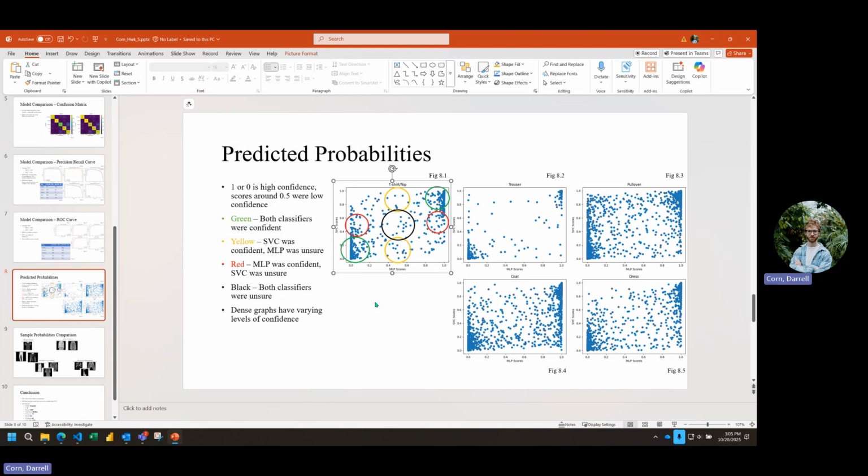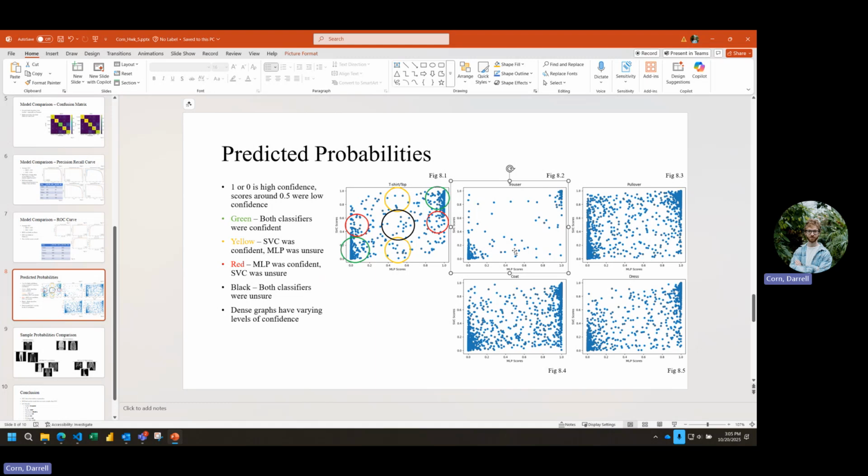And a pattern you kind of see when you create these graphs is that the more dense graphs show where the classifiers have less confidence overall about these classes, and a more sparse graph like here in figure 8.2 for trousers. We saw from earlier that both classifiers were pretty strong on the trousers class.